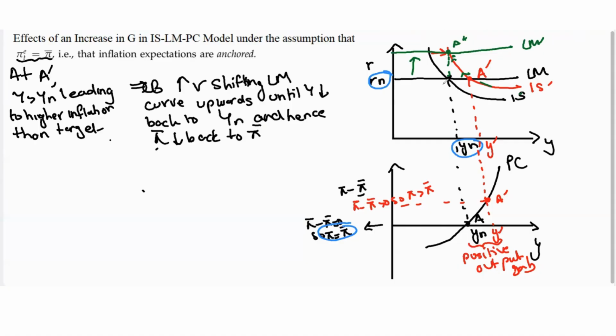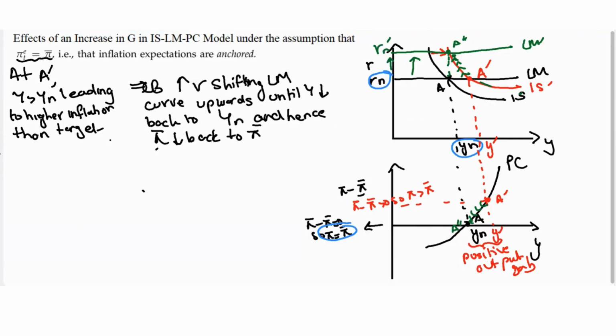This was supposed to be A and this is A double prime. So you are going to move up along the new IS curve, and here you're going to move down the PC curve, and this is A double prime, and this is R n prime.